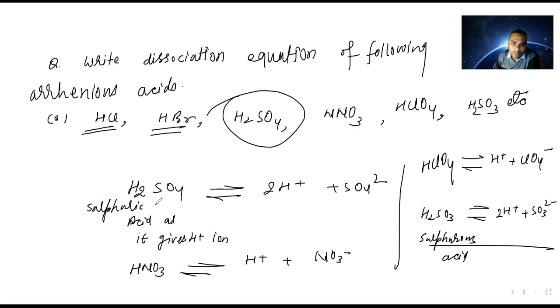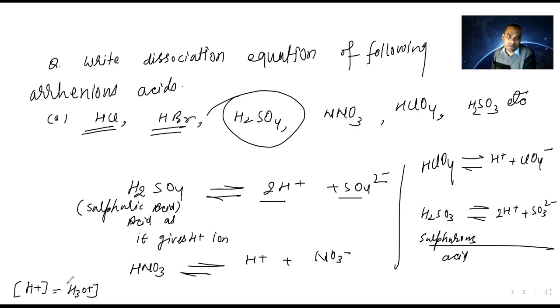So the dissociation equation for H2SO4 is going to be 2H plus and SO4 2 minus. The point here is that H plus ion is equal to H3O plus ion.